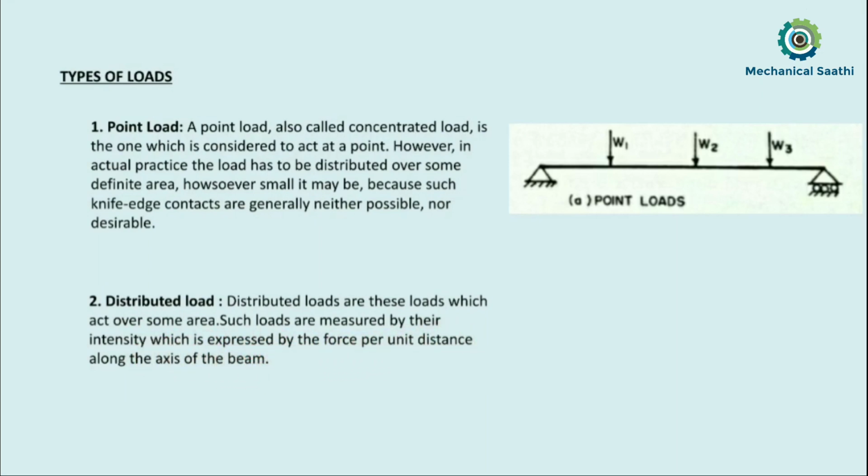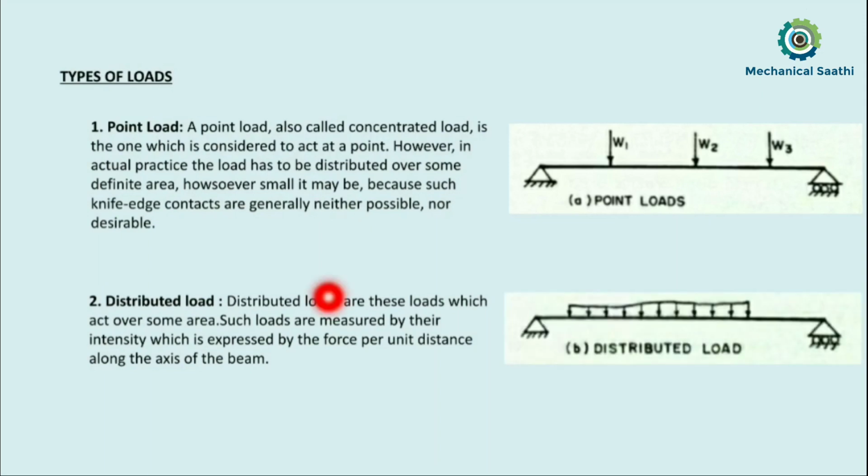So let us see this example. Here we can say this is our structural member, called a beam, and from here to here our load is acting. Perpendicular to the plane of the board, there will be some area on which our load is being distributed.